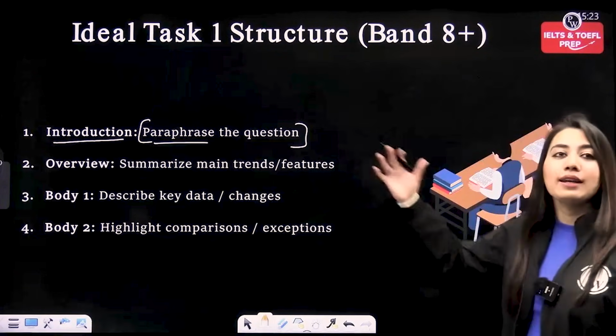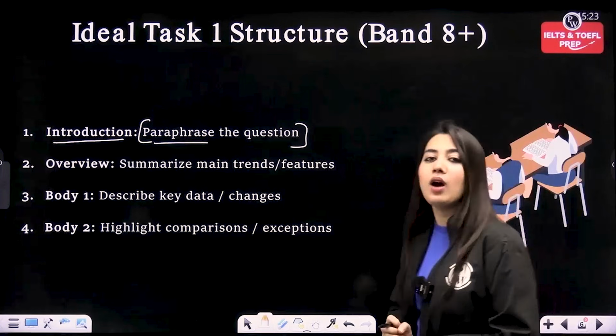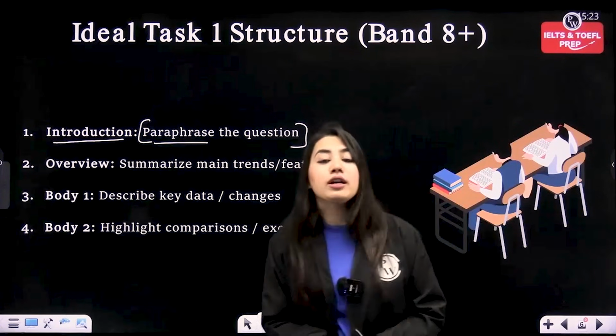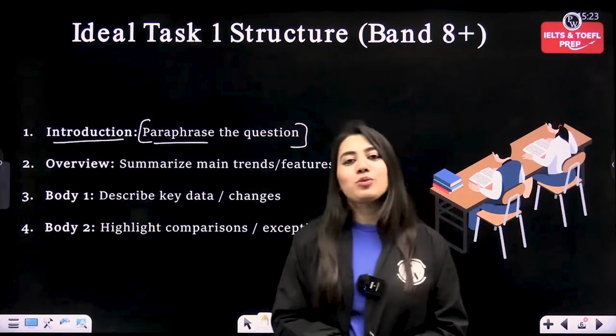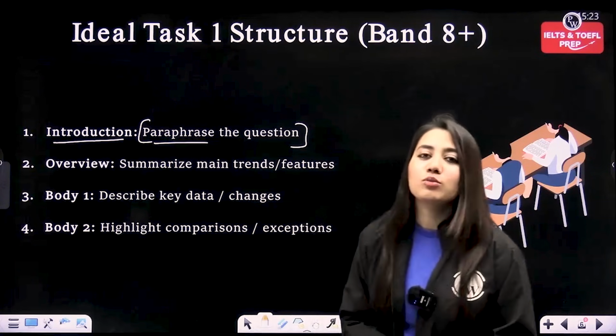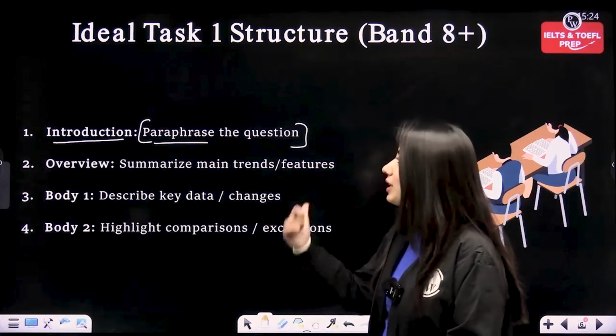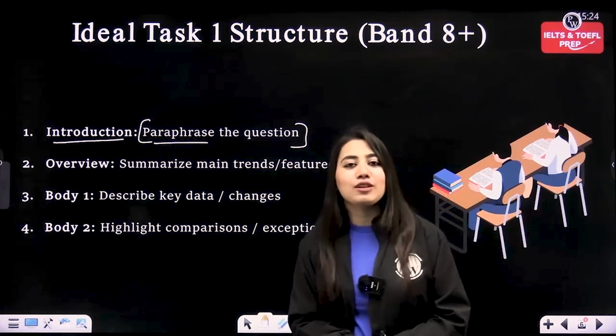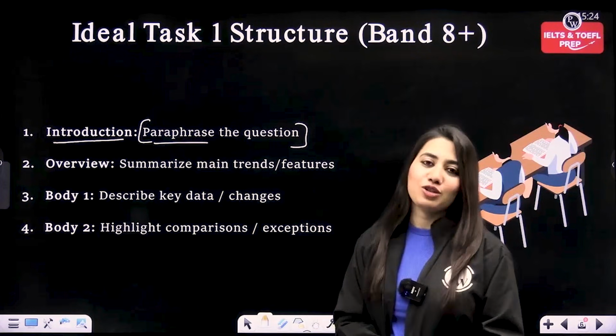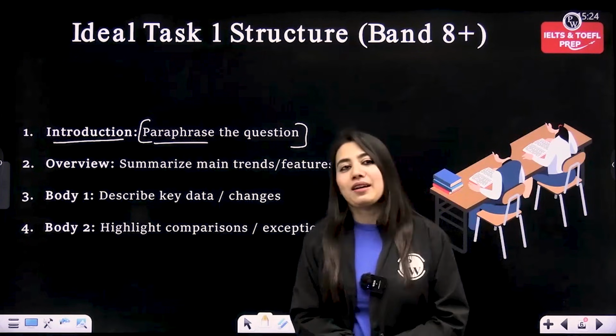Whatever the kind of graph you had, in order to understand what you've got, you need to read the question properly. Once you read the question properly, you can see what's happening over there, and you can ultimately paraphrase that question in your own language in the introduction para. That's your first paragraph.